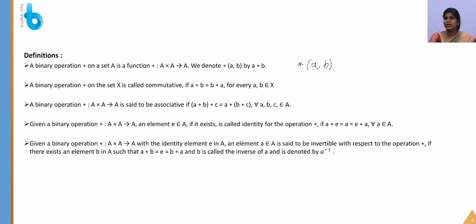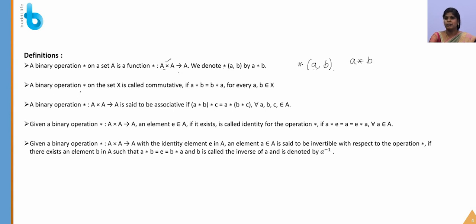Because the domain is A cross A, the Cartesian product, where the elements are in the form of ordered pairs. So the binary operation on this pair is denoted by a star b.